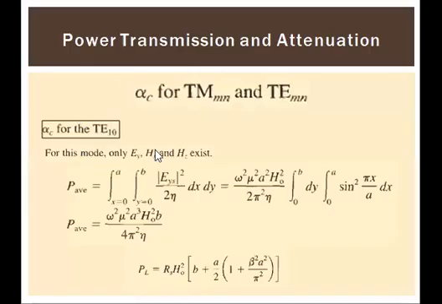And for TE10, m is replaced by 1 and n is replaced by 0, and we will get that P average equal to this. After calculating all these parts, we will get omega square mu square a cube H0 square b by 4 pi square eta, and the power loss will be equal to PL equal to this.